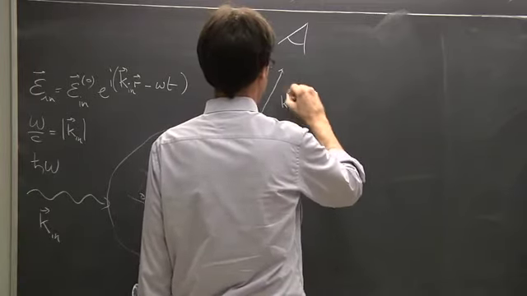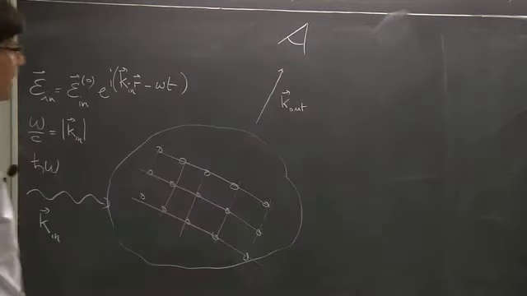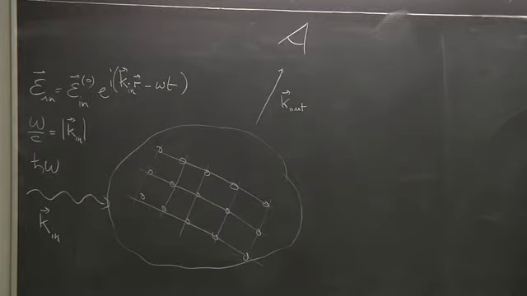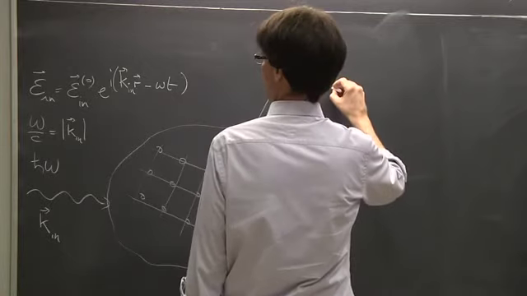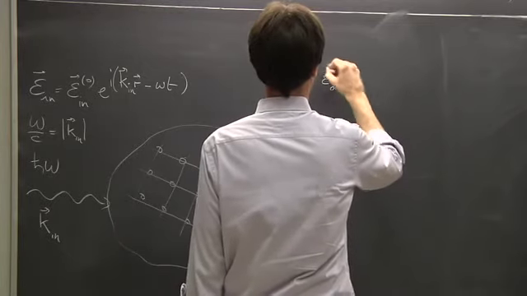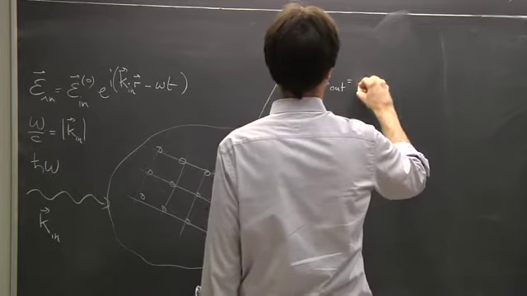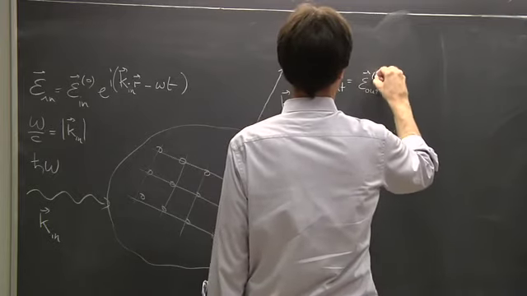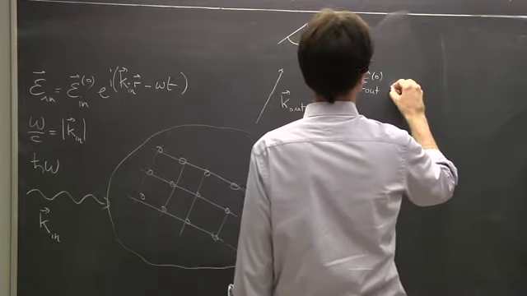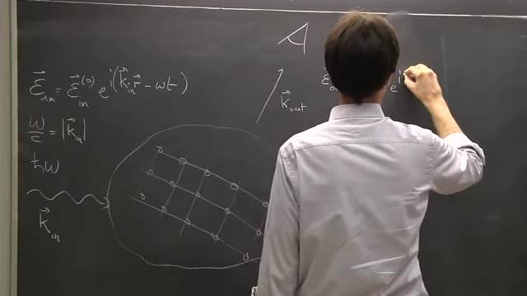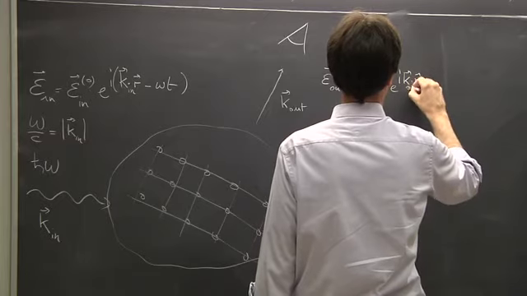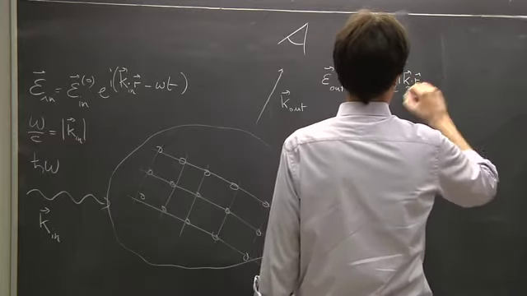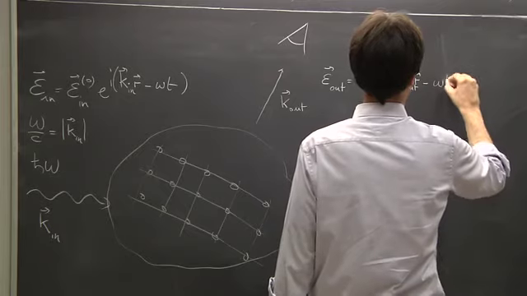So that will be light emitted with momentum k out. So it will be some polarization times e to the i (k out dot r minus omega t).